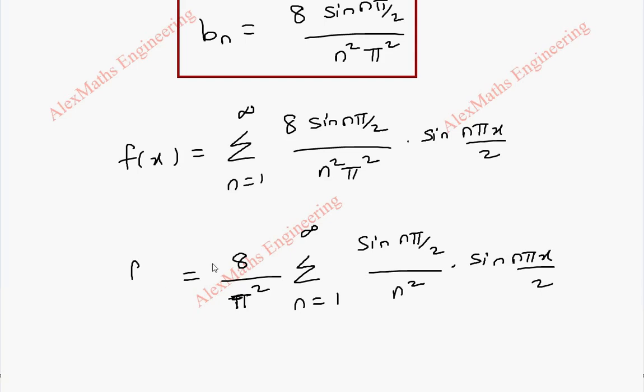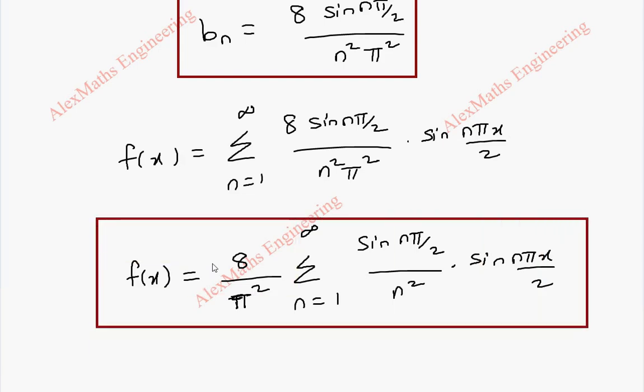So this is our required half-range Fourier sine series expansion for the given function f(x).